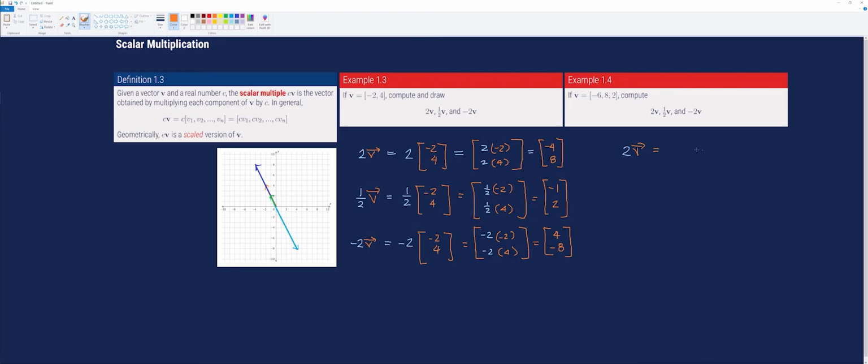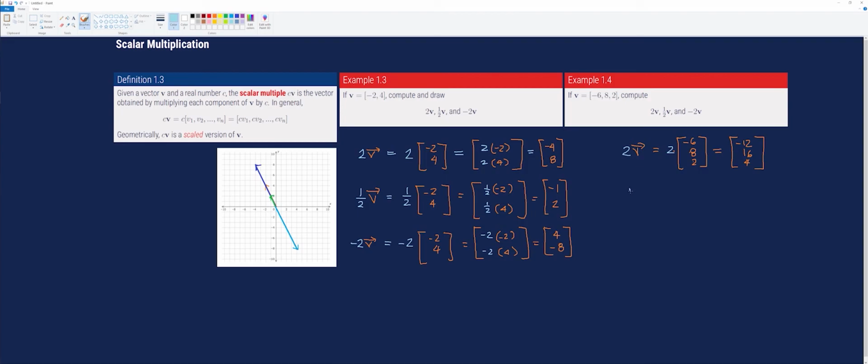This is equivalent to 2 times, converting the row vector into a column vector. Let's perform the operation. Basically, we will multiply each component by 2. So 2 times -6 is -12. 2 times 8 is 16. 2 times 2 is 4. So we now have the new vector.